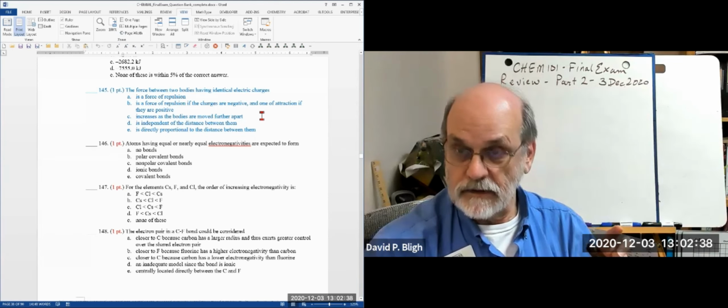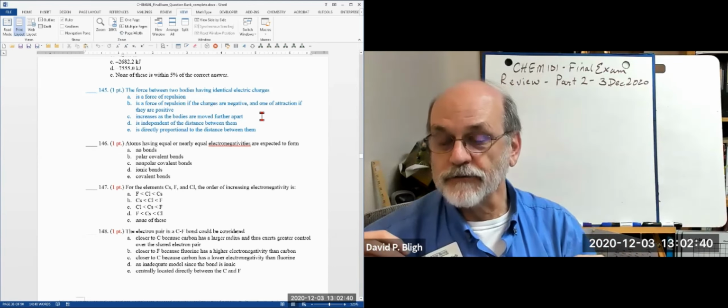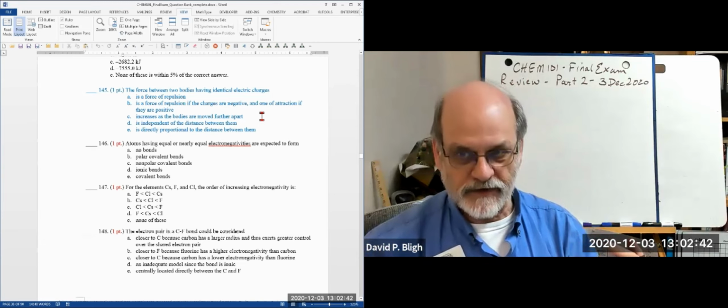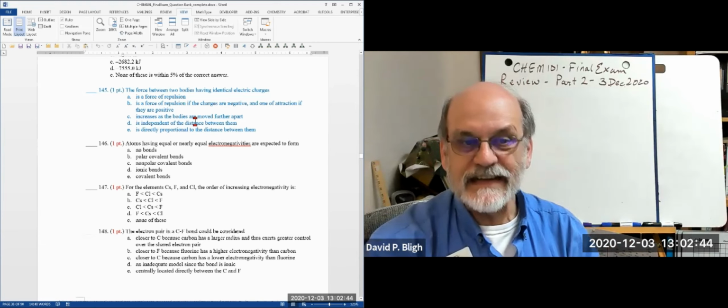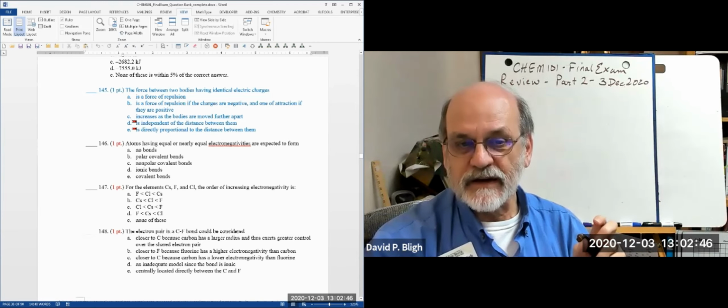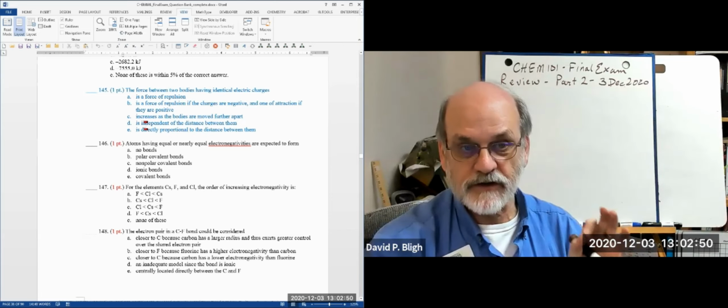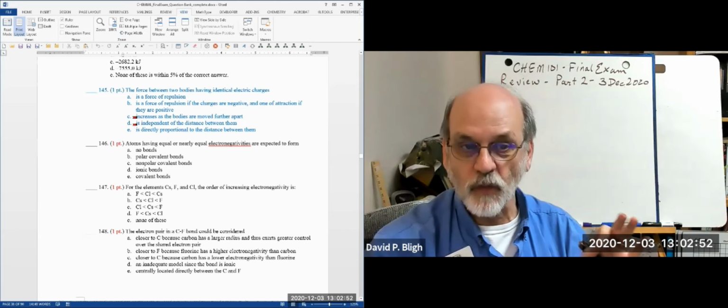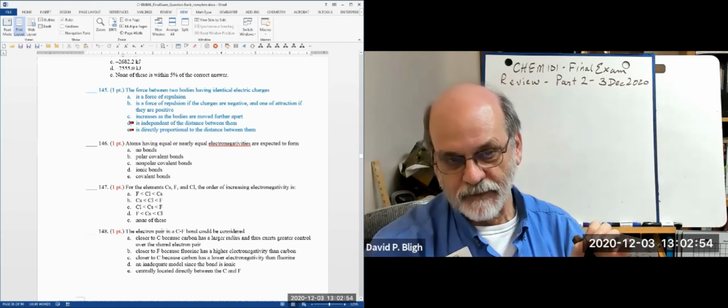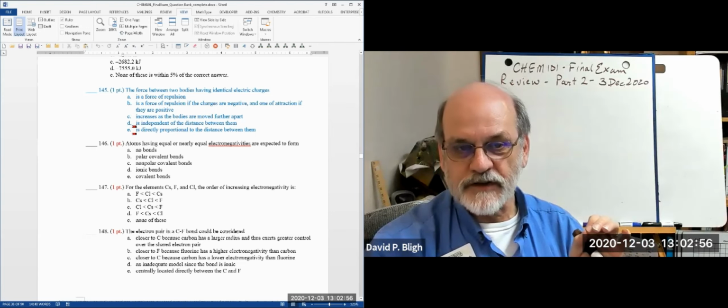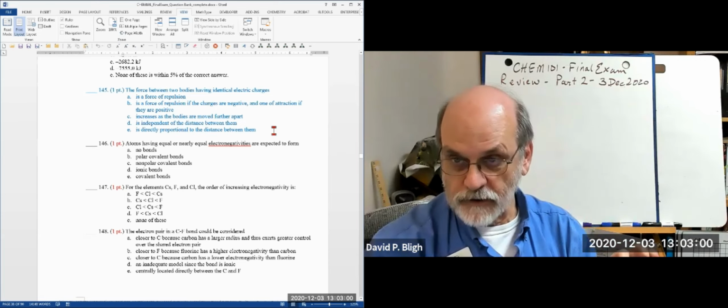No, it's not. As they move farther apart, the force, whatever it is, decreases. D is independent of the distance between them. That's false. It is dependent. It's just not dependent the way that C says it is. And E, the force is directly proportional to the distance between them. That's also false.